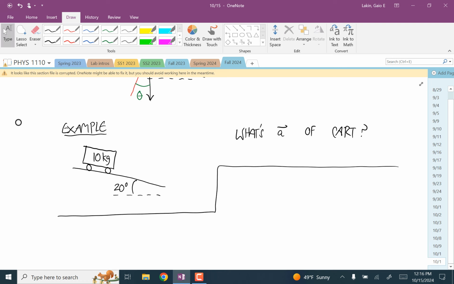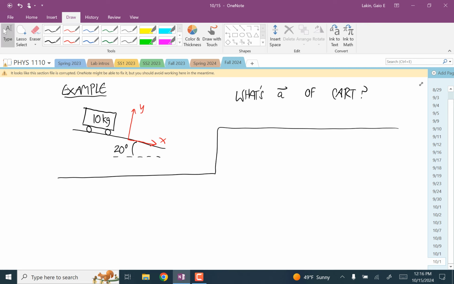We're going to use a coordinate system with the y-axis pointing straight out of the surface. So x is pointing that way. I'll draw a free body diagram.